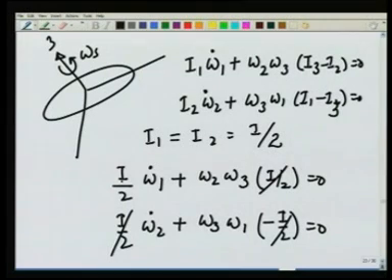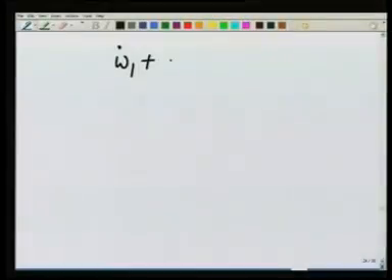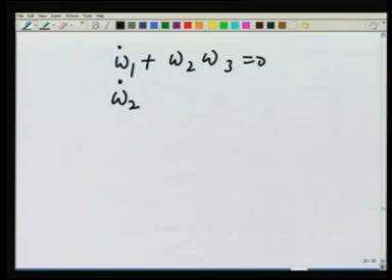This is common, and therefore the equations I have are omega 1 dot plus omega 2 omega 3 is equal to 0, and omega 2 dot minus omega 3 omega 1 is equal to 0.